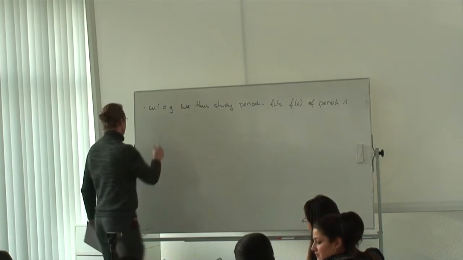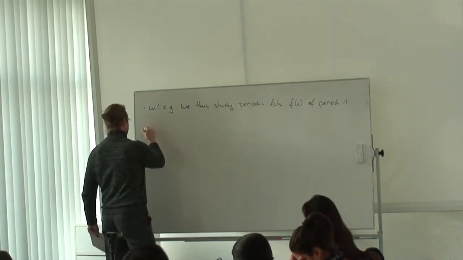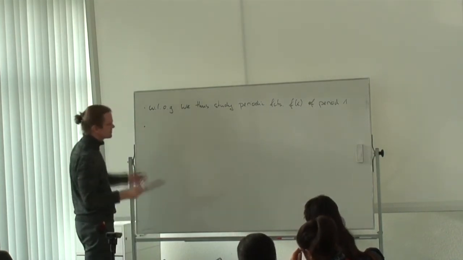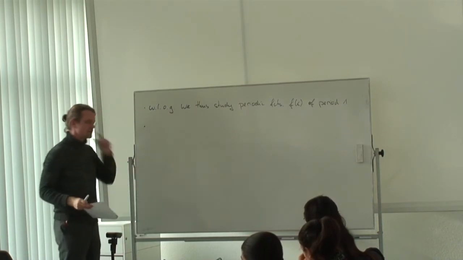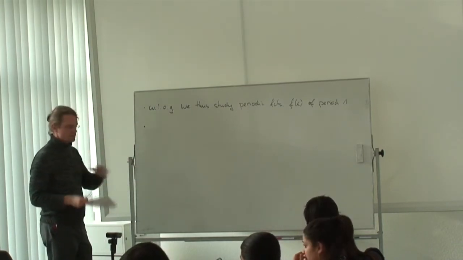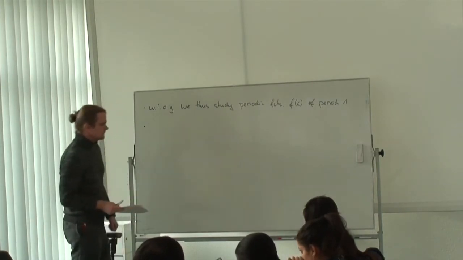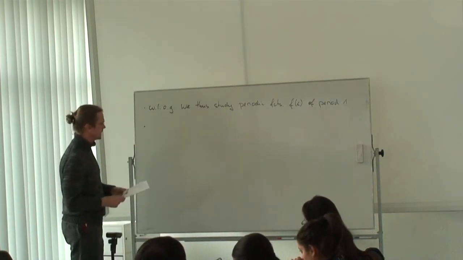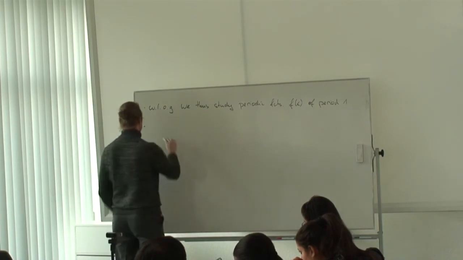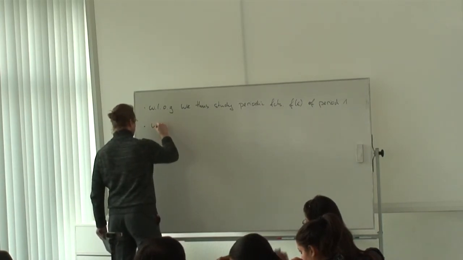And here is something more. I said, for the time being, let us consider problems that have to do with periodic functions. I will now specify the kind of periodic functions we are interested in.